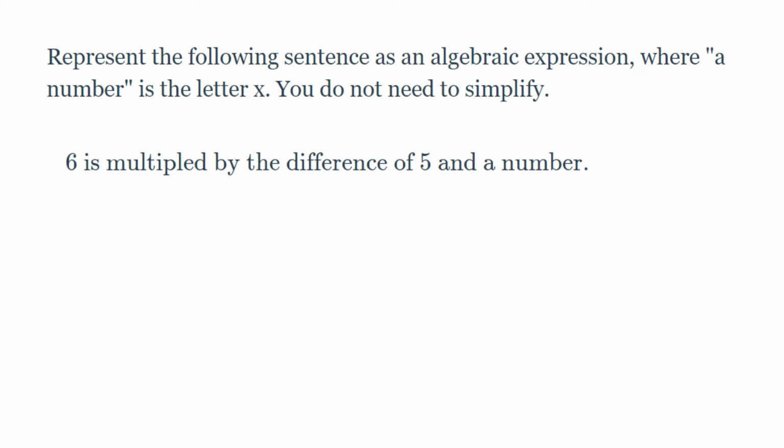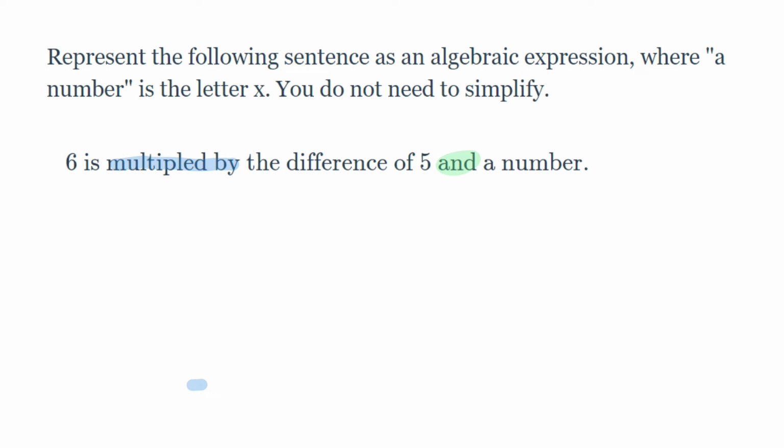As we look at this, it's the same process, just a little more difficult question here. We want to focus in on the word and. It says 6 is being multiplied by, okay, that's the expression that's happening, and then the word and is going to separate the two things that are being multiplied.